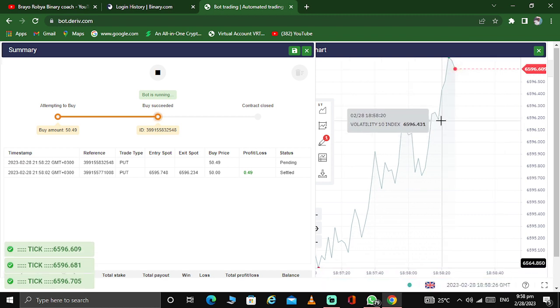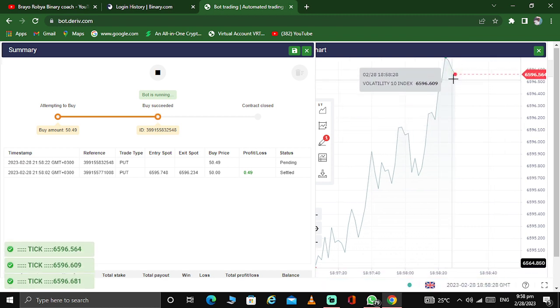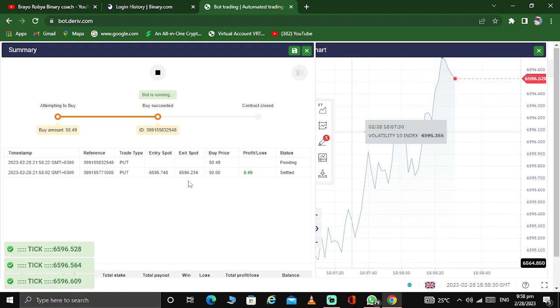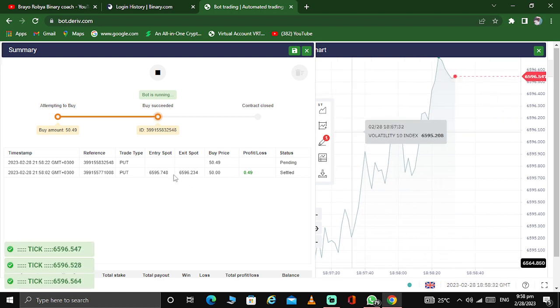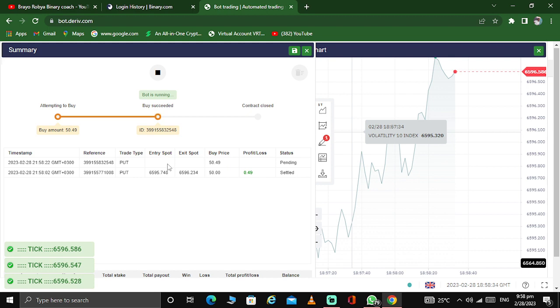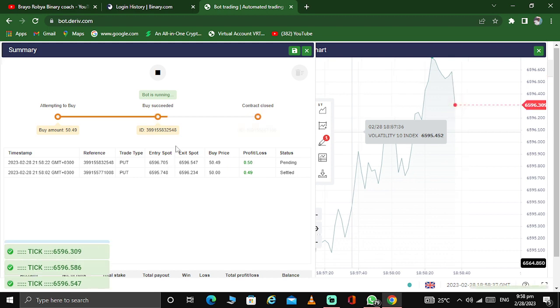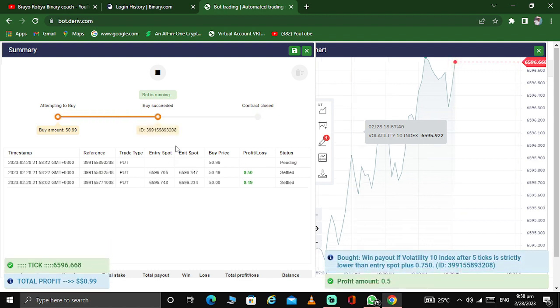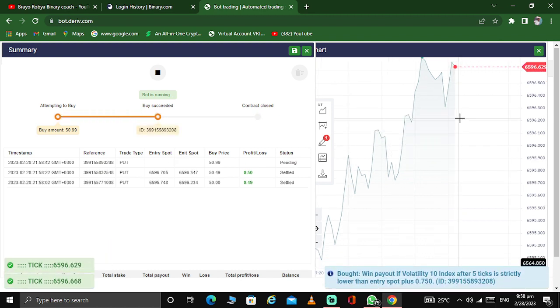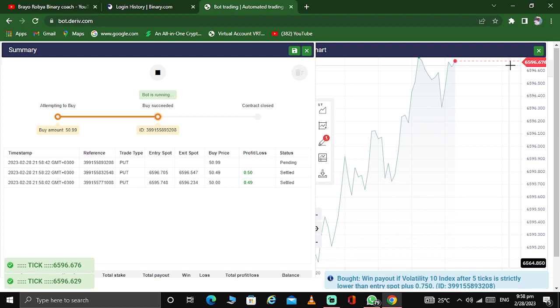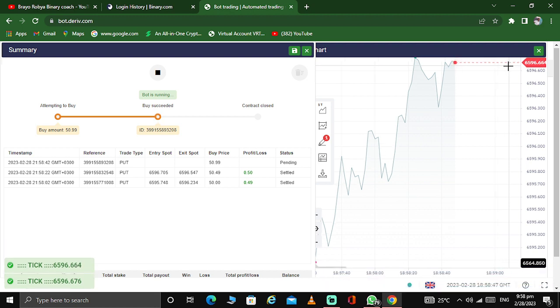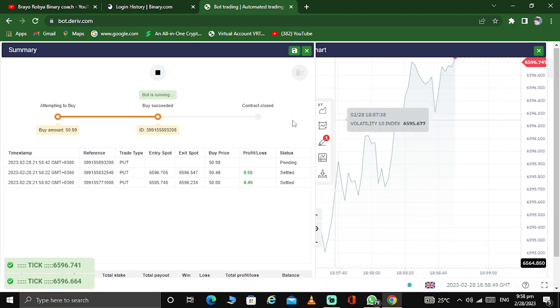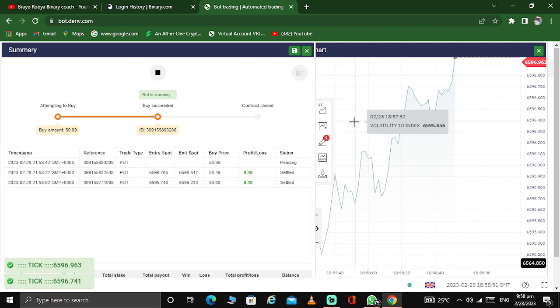Currently the graph is heading upwards. You just need to note the entry point at which the bot makes the entry. When you notice the graph is coming downwards, you need to leave the market.